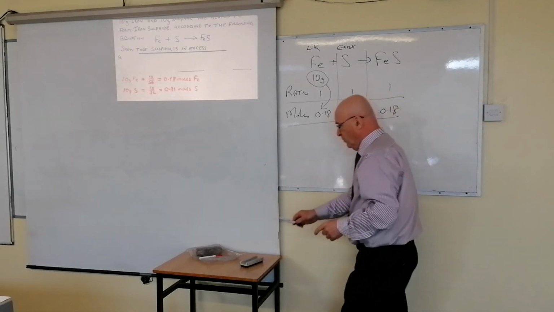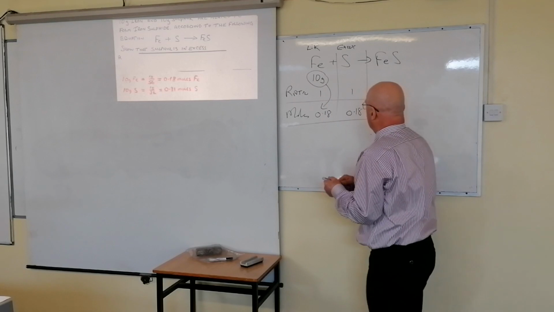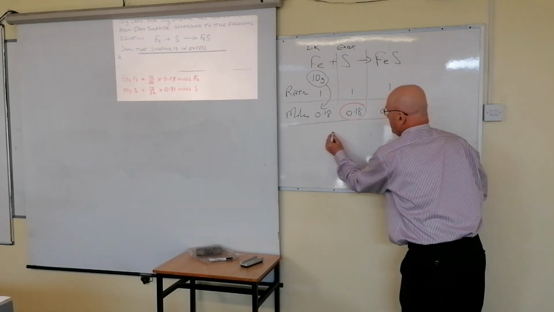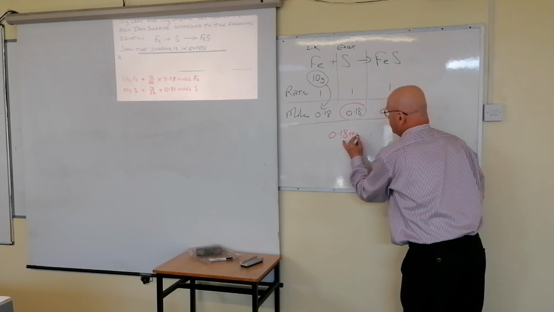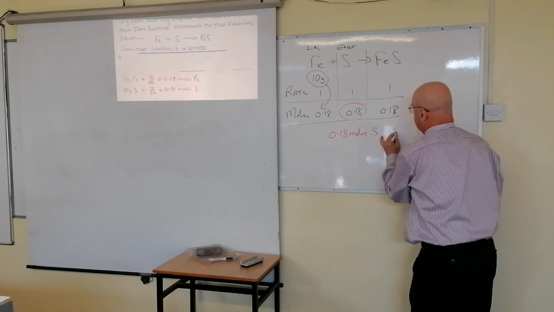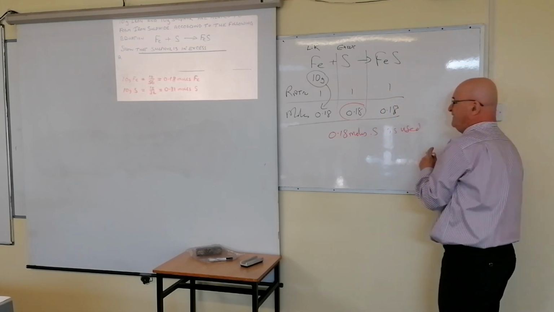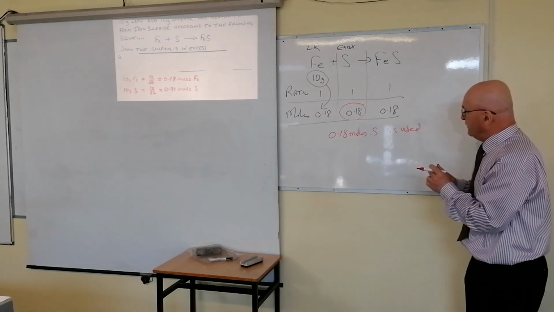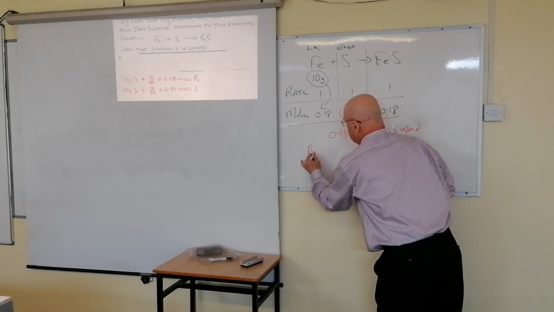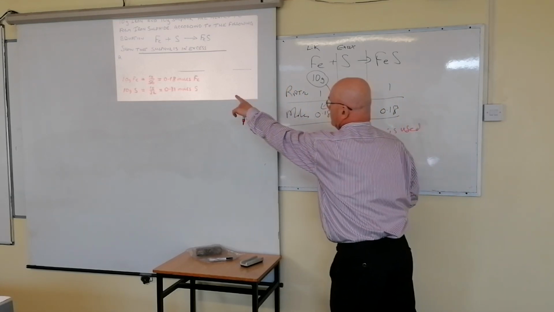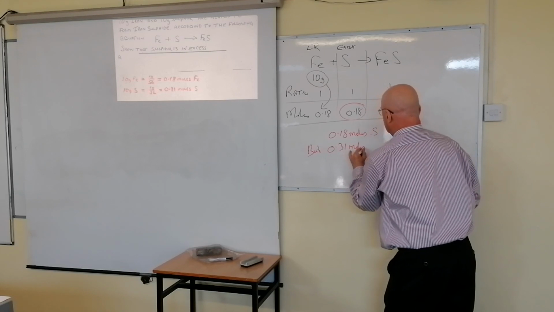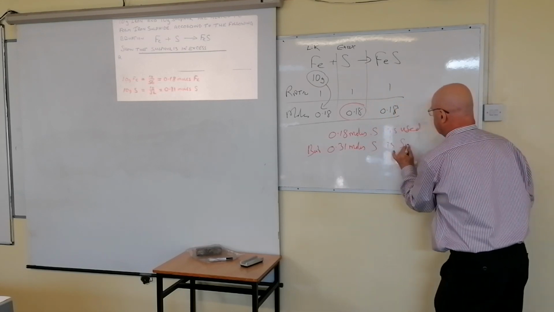Use the mole strip to determine how much of the excess reagent is actually used. 0.18 moles of sulfur is used, is reacted, is consumed, any of those words in the reaction. But 0.31 moles of sulfur is supplied.